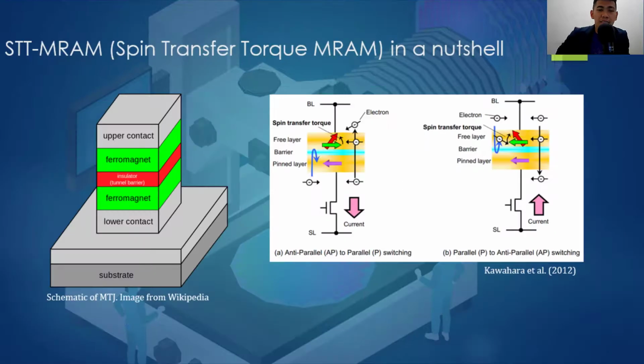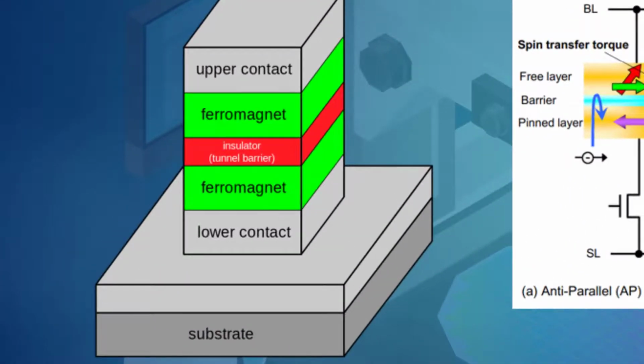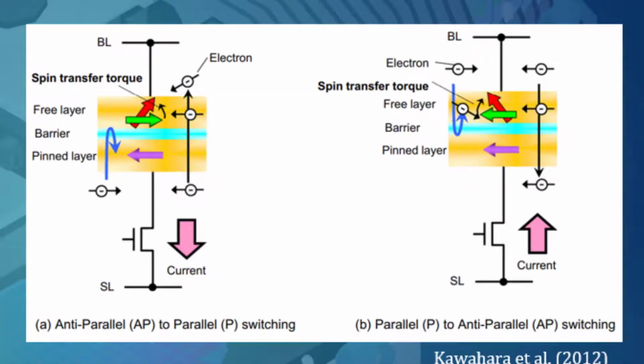For STT-MRAM, or spin transfer torque magnetoresistive RAM, the storage capability is due to the magnetic tunneling junction, or MTJ, which consists of two ferromagnetic layers and a tunneling dielectric sandwiched between them. The magnetic direction of the reference layer is fixed, or sometimes called the pin layer, as shown in the graph.